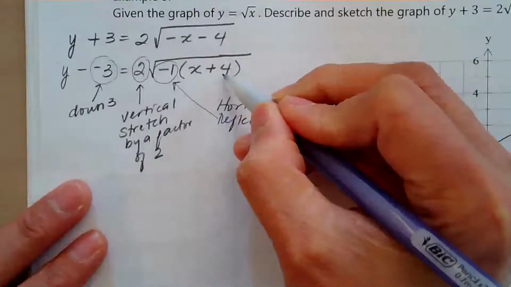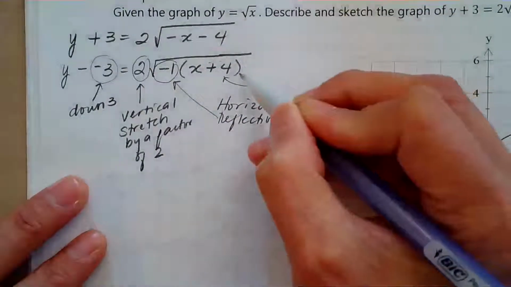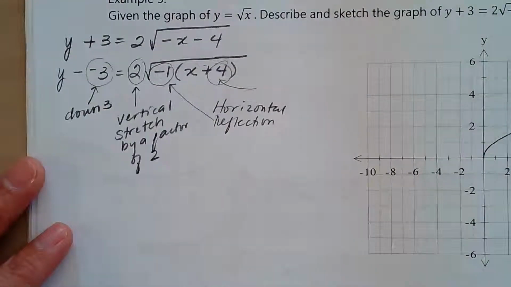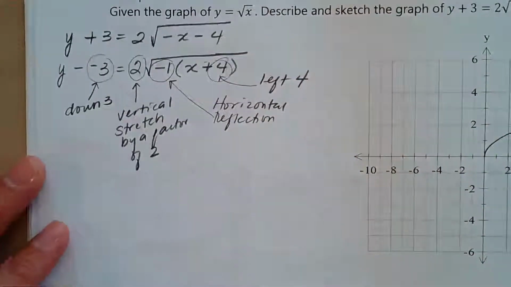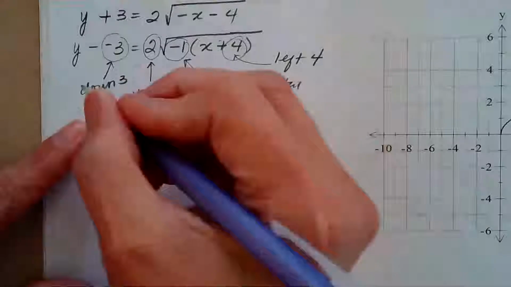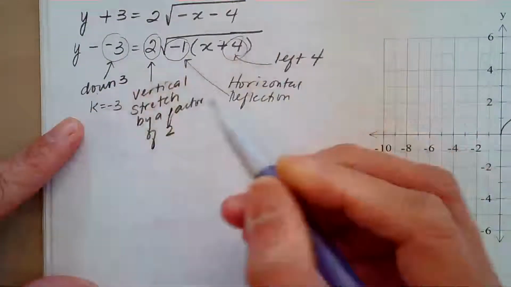And then what happens here? Oh, I forgot to put minus, but what's happening with the 4? Left 4. Okay, so maybe this will help a little bit. Down 3, that means k equals negative 3.